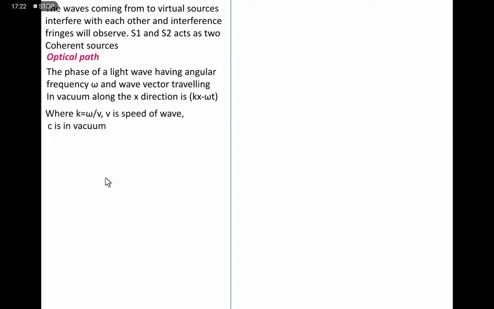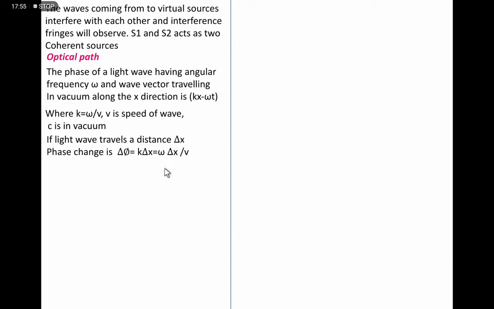Now the wave vector is angular frequency divided by the speed of the wave. We know that c is the speed of the wave in vacuum. So if the light wave travels a distance delta x, then the phase difference delta phi is equal to k delta x, and we know that k is omega by v.